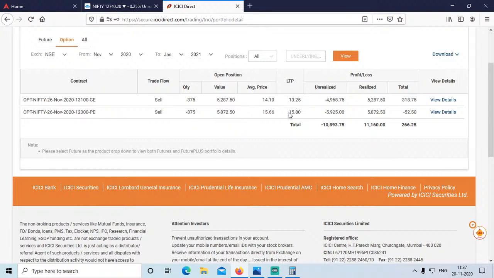13 plus 15, 28, but it has increased now. It's supposed to be less than 28, but it increased to 28. So let us wait for some more time.